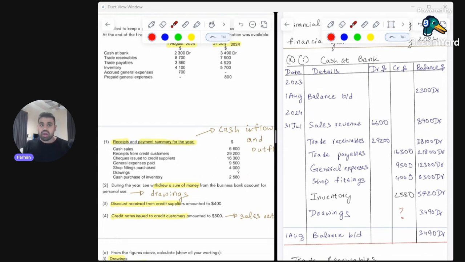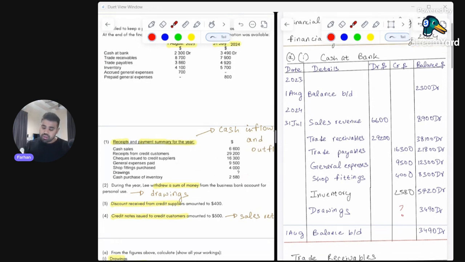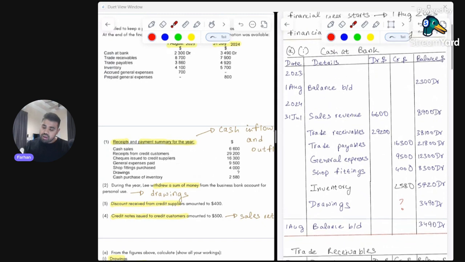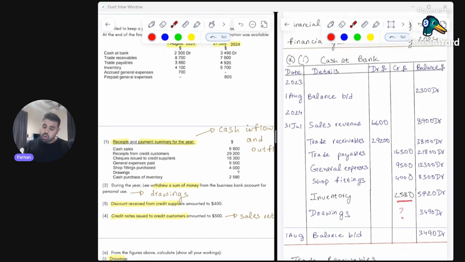So obviously your bank account is decreasing, and bank account being an asset account, when it goes down in value, is to be recorded on the credit side. So this $2,580 of inventory is recorded on the credit side of the cash at bank account, with the relevant cross-reference in the details column being the inventory account. So now 2,580 credits gets deducted from 8,300 debits, which leaves us with $5,720 debit.